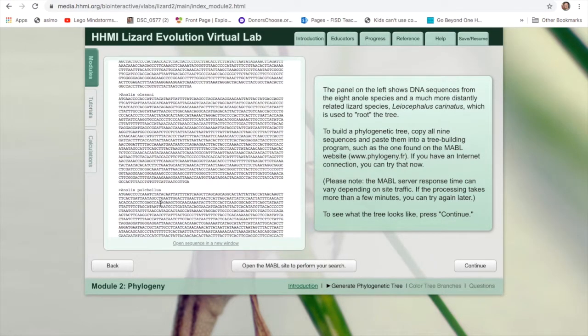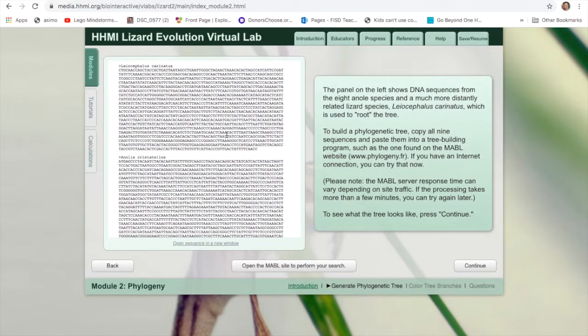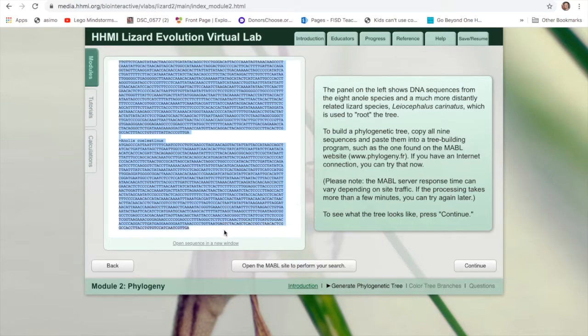Now, what you'll remember, this is the actual data, again, that Dr. Losos generated. This is made from a gene, a piece of DNA on the mitochondria. If you remember, mitochondrial DNA is evidence of bacteria being free-living prior to becoming mitochondria.